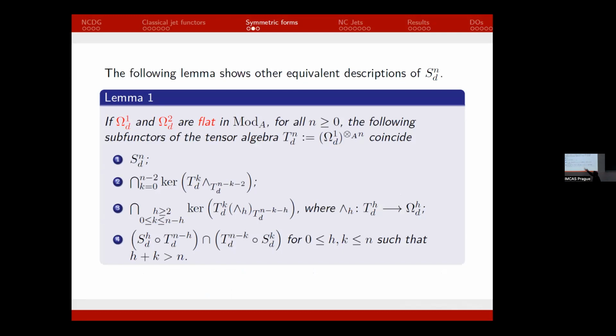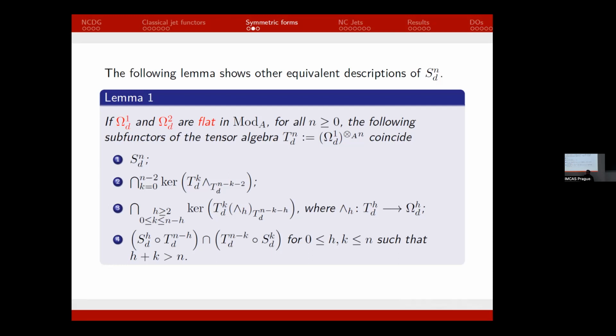So we can see that if we have reasonable assumptions on the exterior algebra, in particular omega 1 and omega 2 flat as right modules, then Sn is equivalent to these other three formulations. In particular, we have this second one, which is important to us because what it means is that Sn on nice calculi is given by the intersection of the kernel of the wedge in each single position.